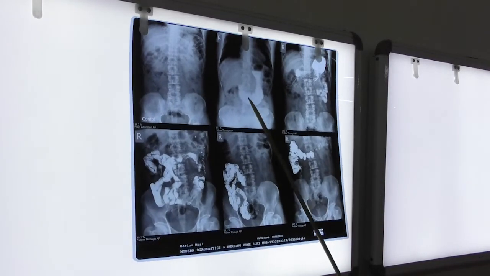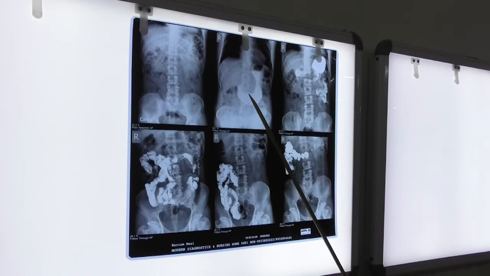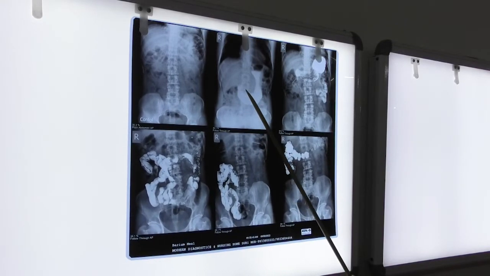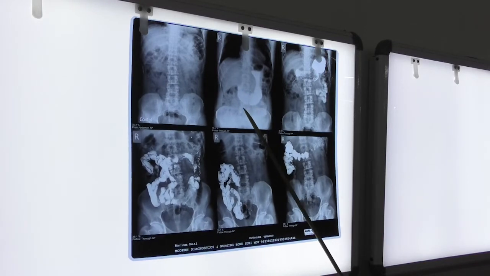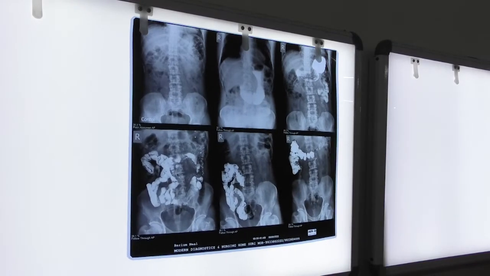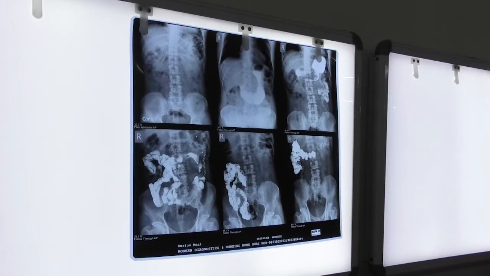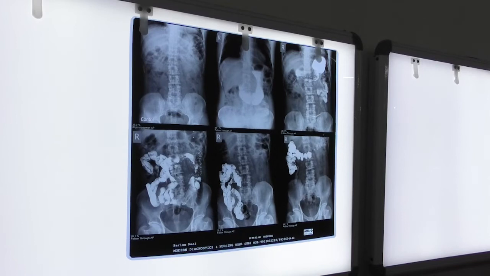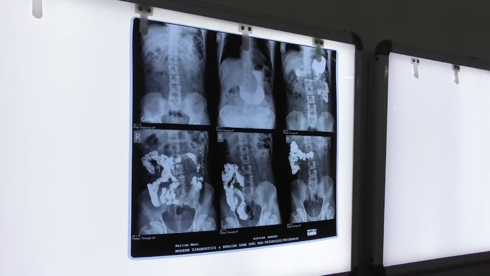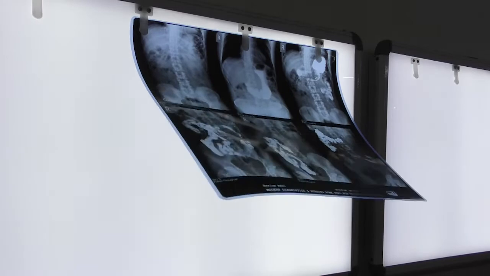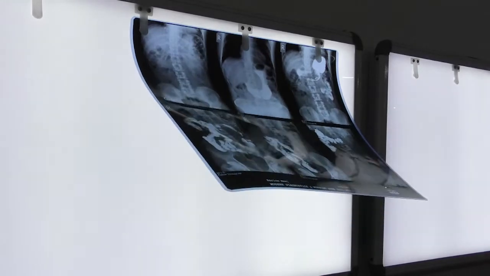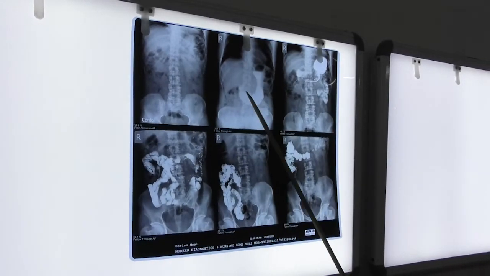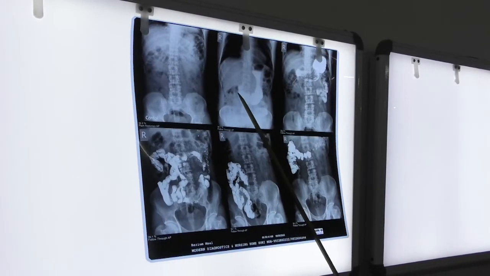Then we reach the first part of the duodenum, and you can see the triangular shadow of the first part of the duodenum. It is also called the duodenal cap.